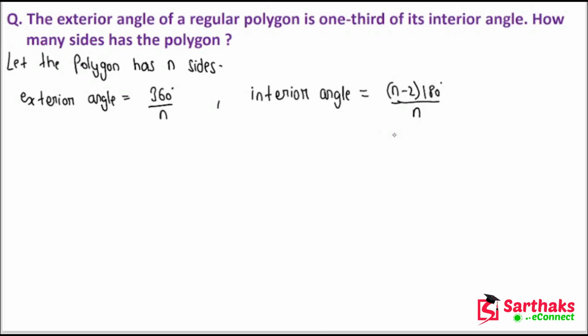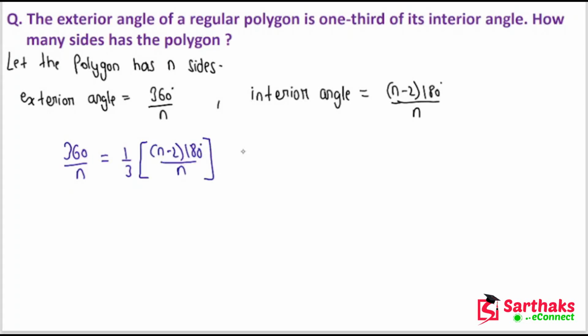So this was the interior angle, right? Now the question says that this exterior angle is equal to 1/3 of the interior angle, that is (n minus 2) into 180 degrees whole upon n.